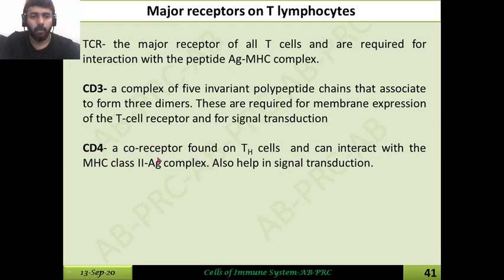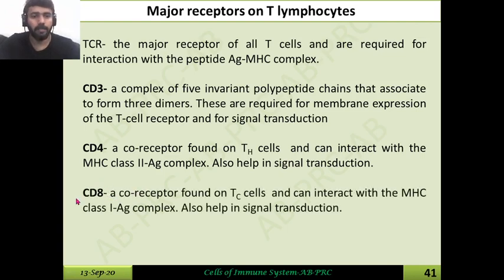This CD4 is a co-receptor found on T helper cells. So you have to connect CD4 and T helper cell. So T helper cells carry the CD4 receptor, and this CD4 will help in the interaction of the T helper cell with the class 2 MHC antigen complex, right. So that is an important point for the CD4 receptor.